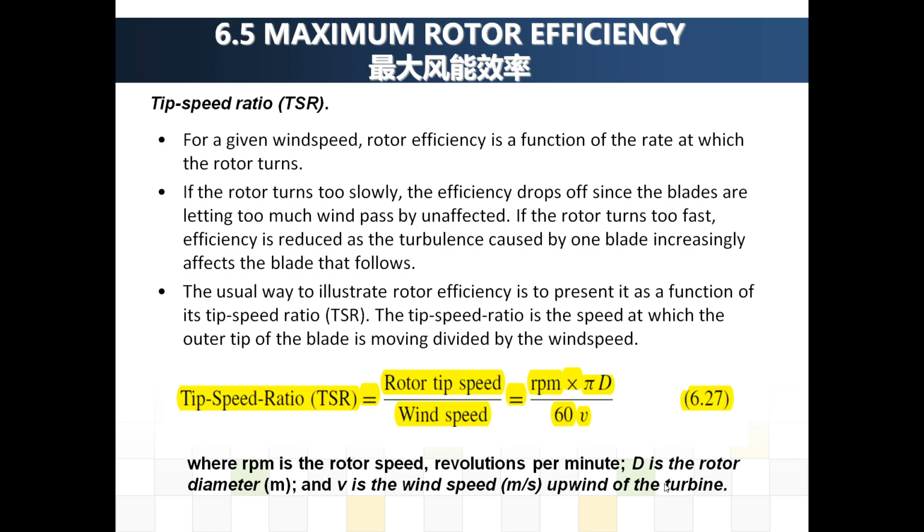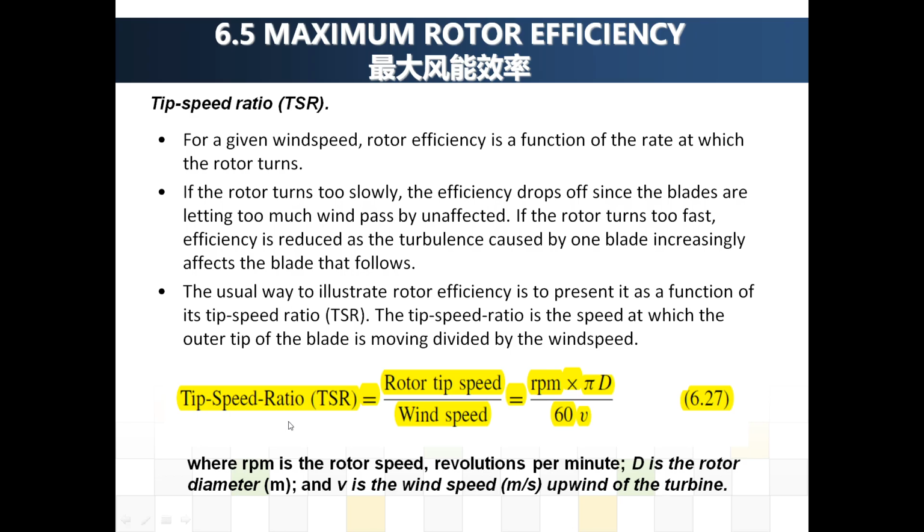If the rotor turns too fast, efficiency is reduced as the turbulence caused by one blade increasingly affects the blade that follows. The usual way to illustrate rotor efficiency is to present it as a function of its tip-speed ratio. The tip-speed ratio is the speed at which the outer tip of the blade is moving divided by the wind speed.